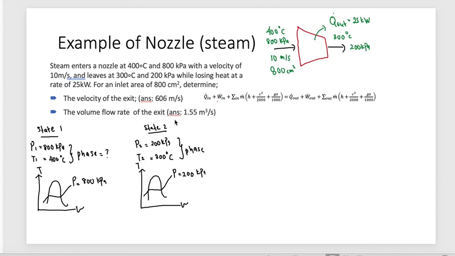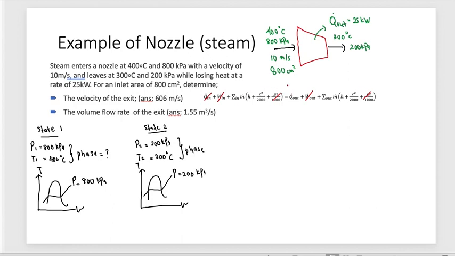So to find the velocity at the exit, I have to write down the SFEE. Okay, so let's have a look at the SFEE. Q dot in, I can cancel because there is no Q dot in, and in a nozzle there is no work, and no potential energy.